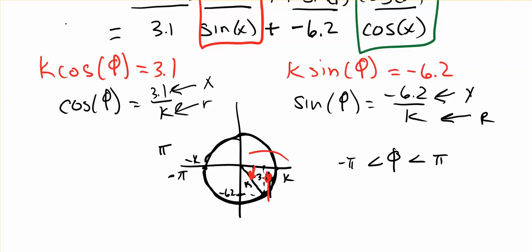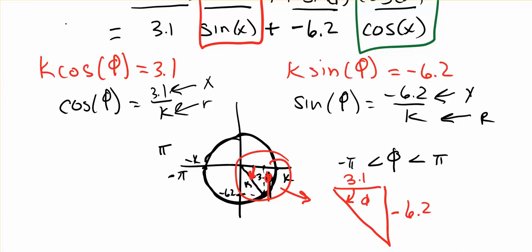Now, if we blow this up a little bit and make it a bigger triangle, we see that this side is 3.1 and this side is negative 6.2. And we measure this angle here as phi. Now, this is the side opposite phi, and this is the side adjacent to phi.